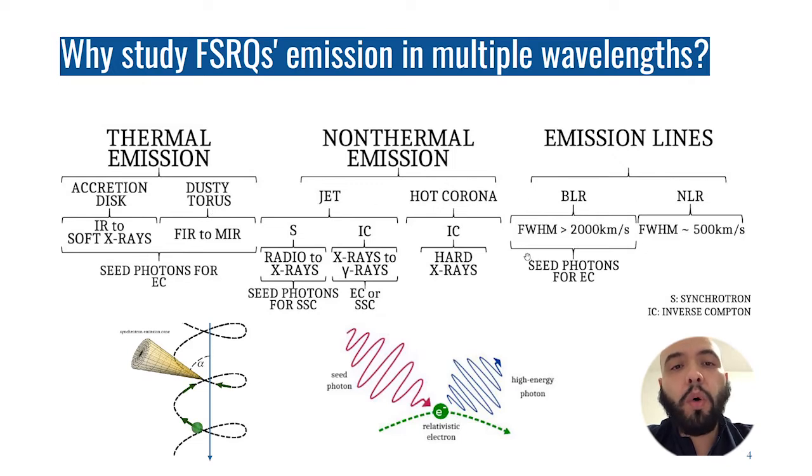Flat spectrum radio quasars also present high variability at the electromagnetic spectrum, and sometimes these multi-wavelength emissions are correlated. The low energy emission corresponds to thermal emission mainly from the accretion disk and synchrotron, while the high energy is mainly from the inverse Compton process.